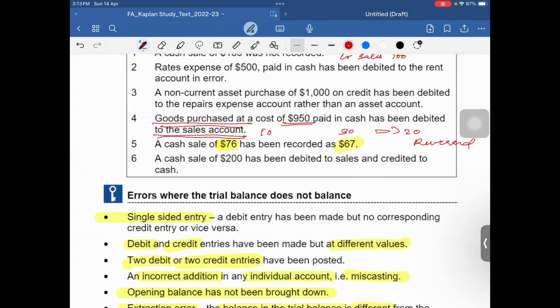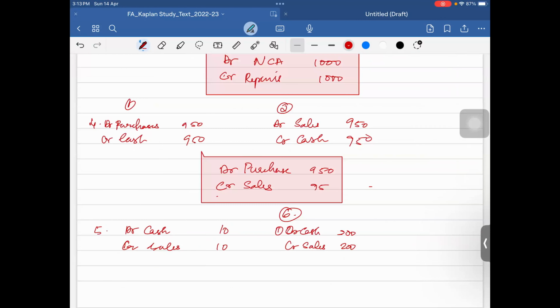But what did they do? They debited sales and credited cash, so they actually did the other way around. Debit sales and credit cash, 200. Clear? This is the wrong entry. Understood?